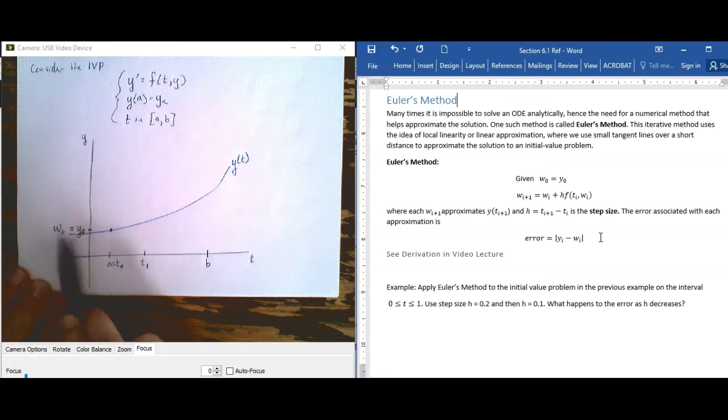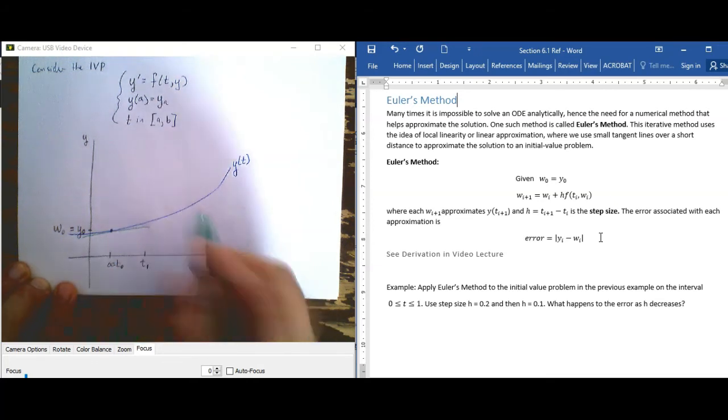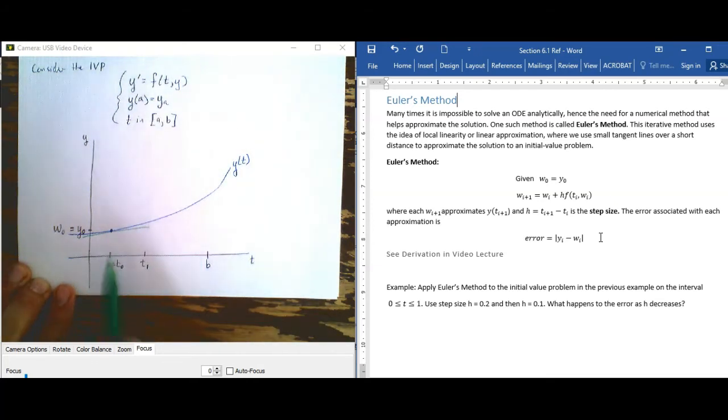We know the first point on this function. So what Euler's method does is it uses a tangent line at this point to approximate the function value here. So if we draw a tangent line to the function, here's our tangent line.